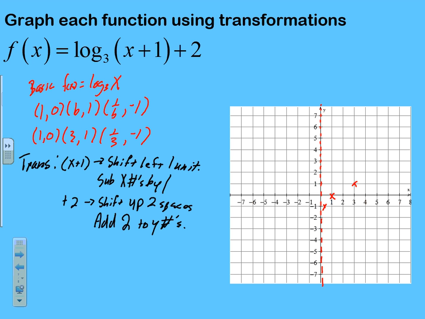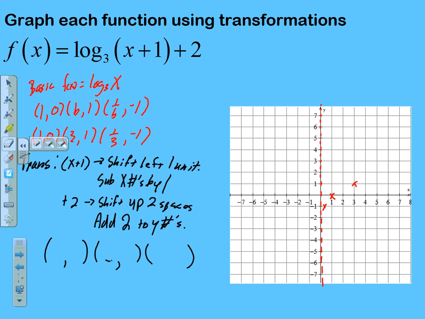So let's apply those transformations and see what my points are going to be. If I look at the transformations themselves, I'm going to subtract 1 from all the x numbers. So 1 minus 1 is 0. 3 minus 1 is 2.